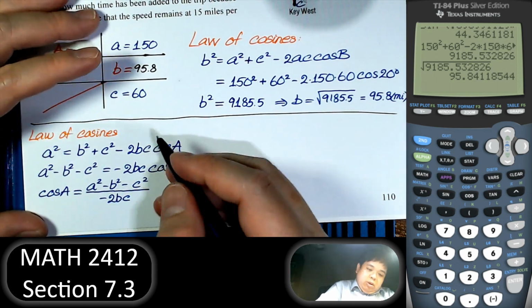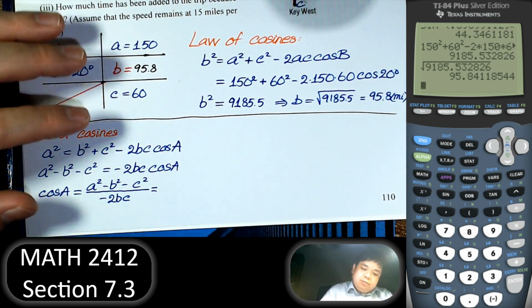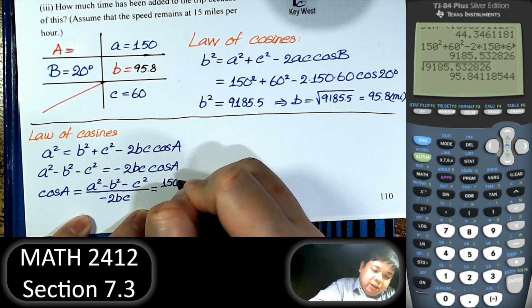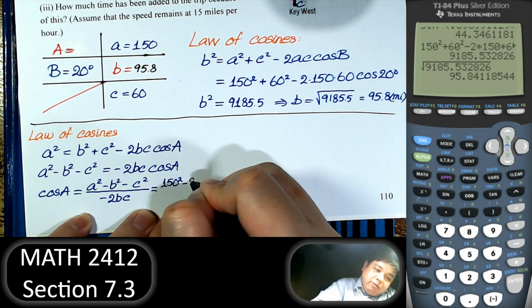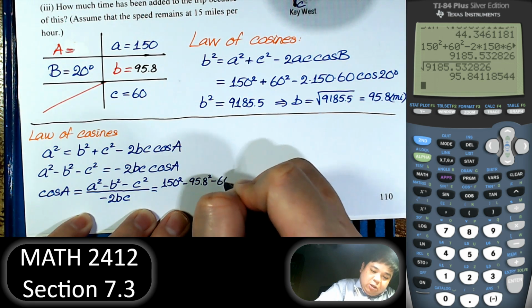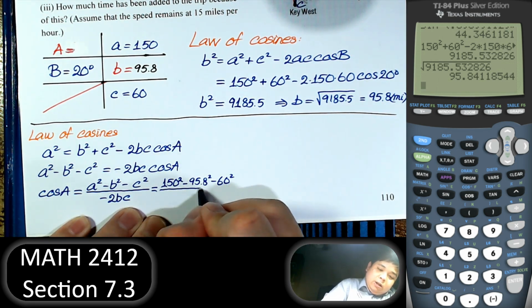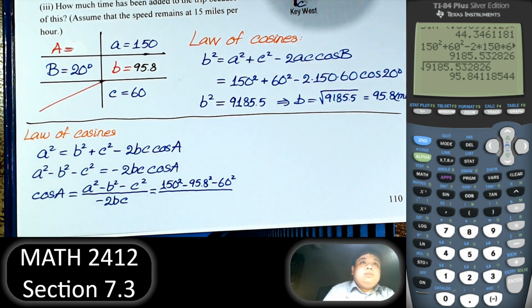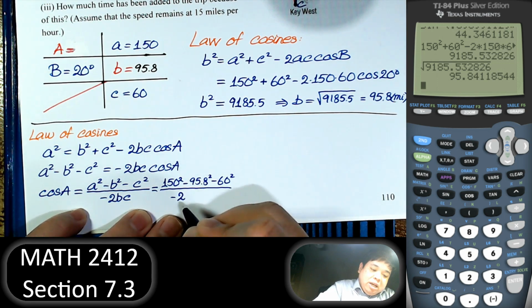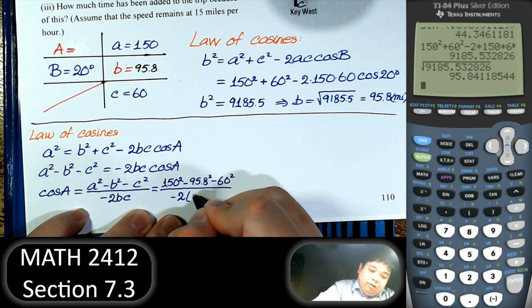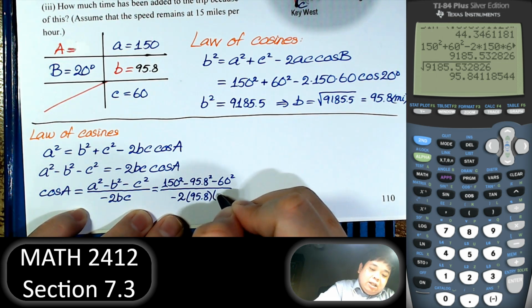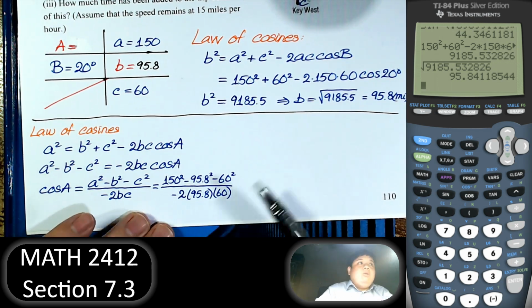Right. So we have the numbers. A squared, 150 squared, minus 95.8 squared, minus 60 squared, over negative 2 times B, 95.8, times C, 60.